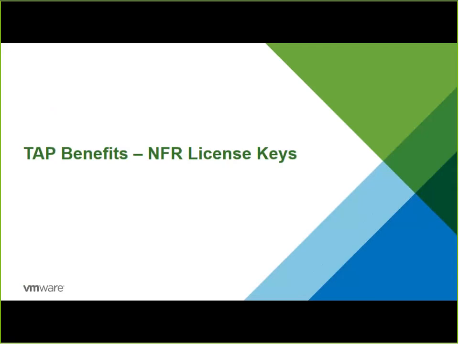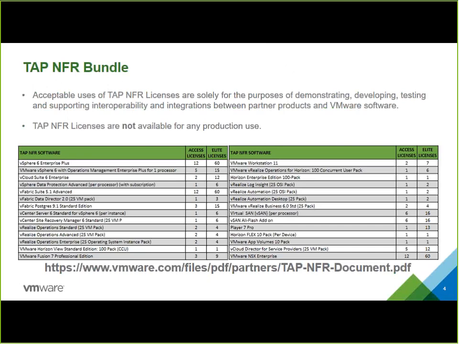So first, let's review the NFR license keys that are provided as a benefit to the TAP partners. So here's the list of the TAP NFR license keys that are provided as a benefit to the TAP program. Acceptable uses of the TAP NFR licenses are solely for the purposes of demonstrating, developing, testing, and supporting interoperability and integrations between partner products and VMware software.